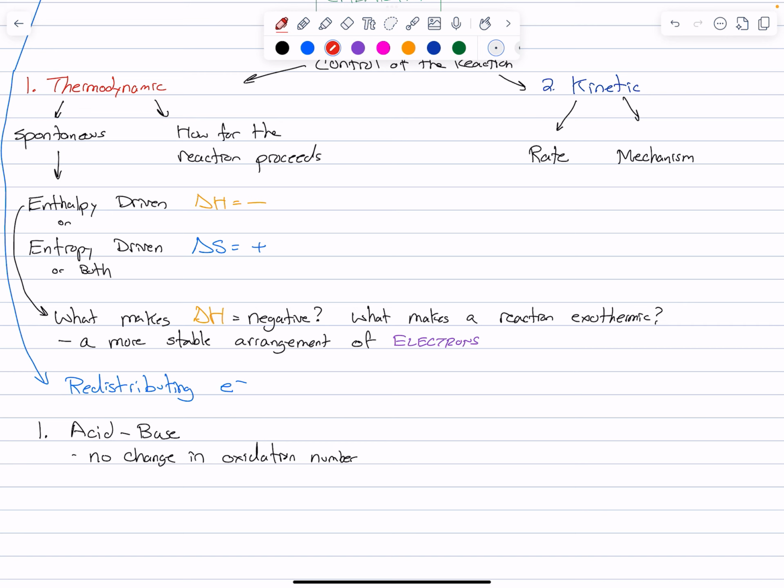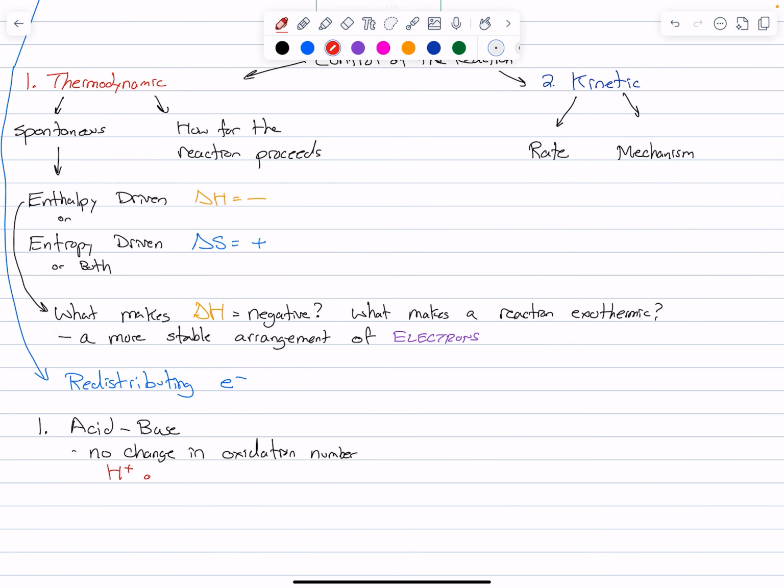A lot of times we call this H plus or proton transfer. And the second way we redistribute electrons is redox, and that has a change in oxidation number, because those are electron transfer reactions.